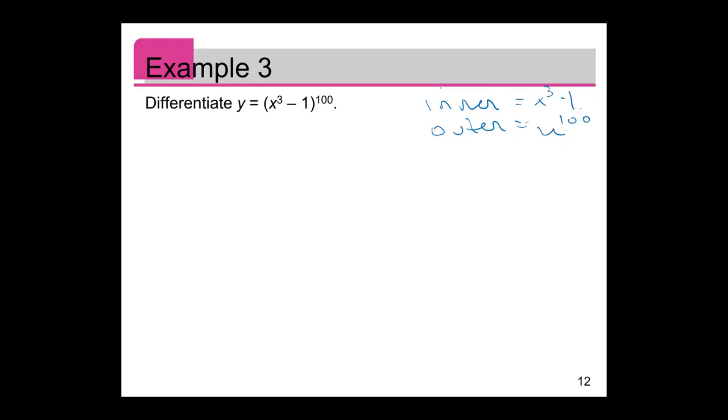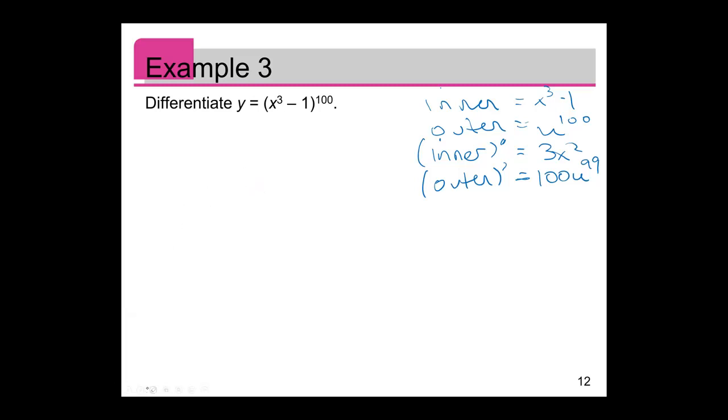So it would be 3x to the second power for the inner, and u would be 100 u to the 99th power. So I guess we're doing it like this. Inner prime is equal to 3x squared, and outer prime is equal to 100 u to the 99th power. Cool. Good.